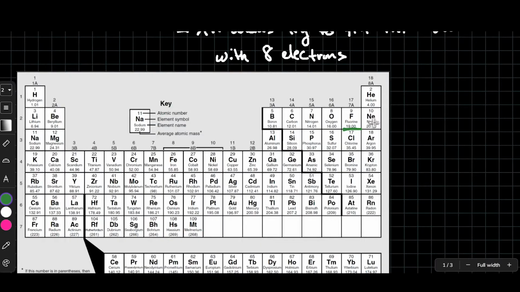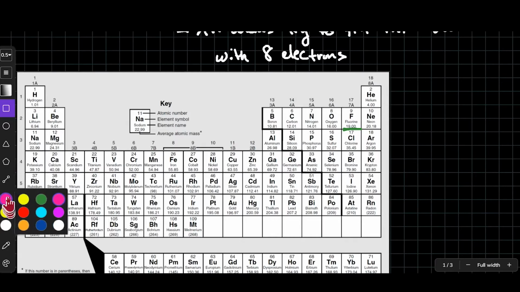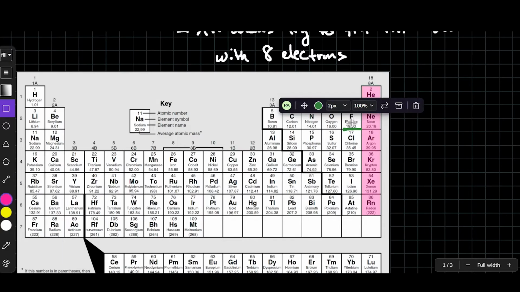It would be neon, right? Remember that these guys right here are the noble gases, and they all have the S2P6 electron configuration. So fluorine wants to look like neon, but it doesn't. How many electrons does fluorine have before any changes?